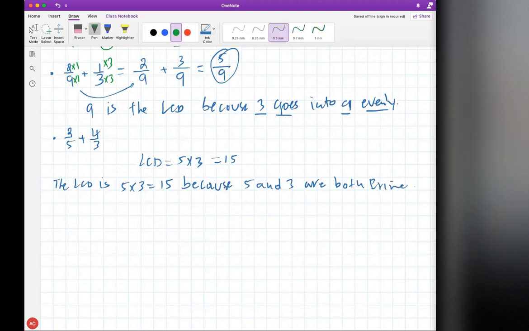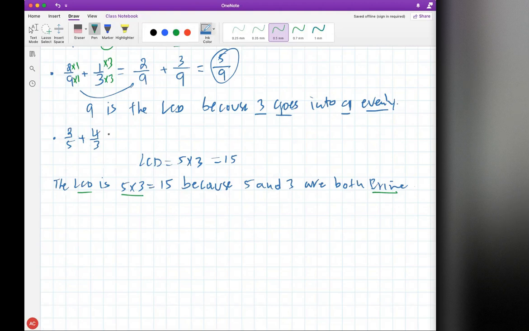So that's important. You can find the LCD here. If the numbers are prime, don't worry about the multiples, don't worry about anything else, just times the 2. So first see if one goes into the other. If so, the higher one would be the LCD. If not, the second thing you want to try is this. Are the numbers prime? For example, 7 and 13. If you have 7 and 13, you know they're both prime. So no need to waste time doing the multiples. You can still find the same one, but just times the 2 right away.